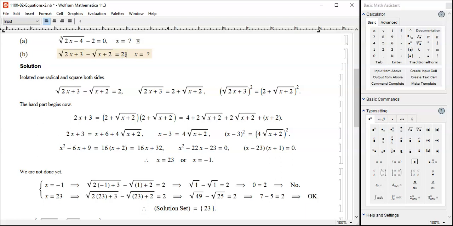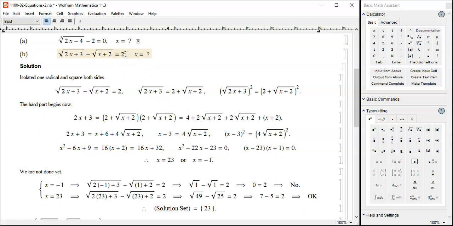They're related, but not the same. A solution of the original equation will be a solution here, but not necessarily vice versa. Not all the solutions here will be solutions over there.